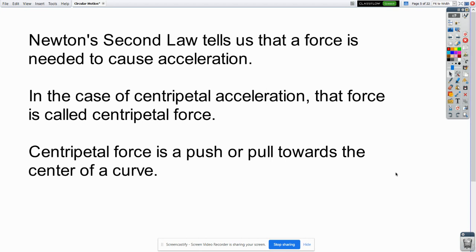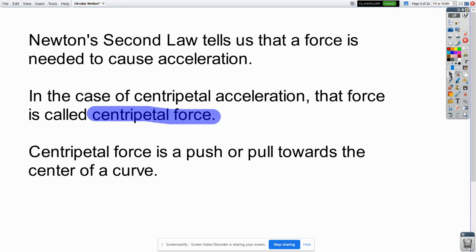Newton's second law says that when a net force is applied to an object, it will accelerate in the direction of that net force. So there has to be some force causing the centripetal acceleration. We call the force that causes centripetal acceleration centripetal force.